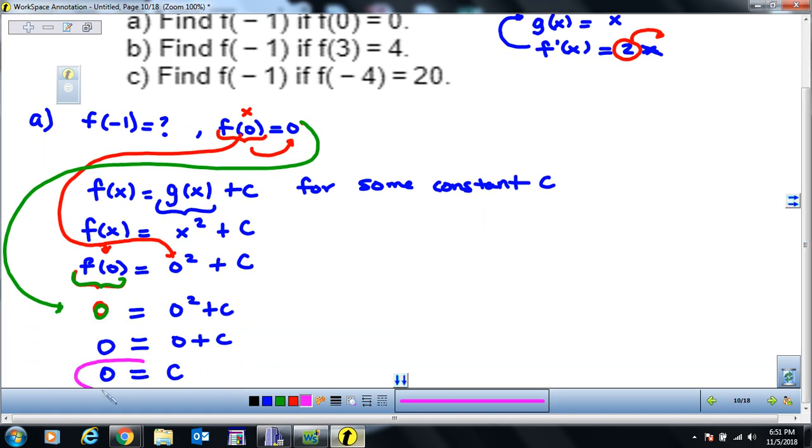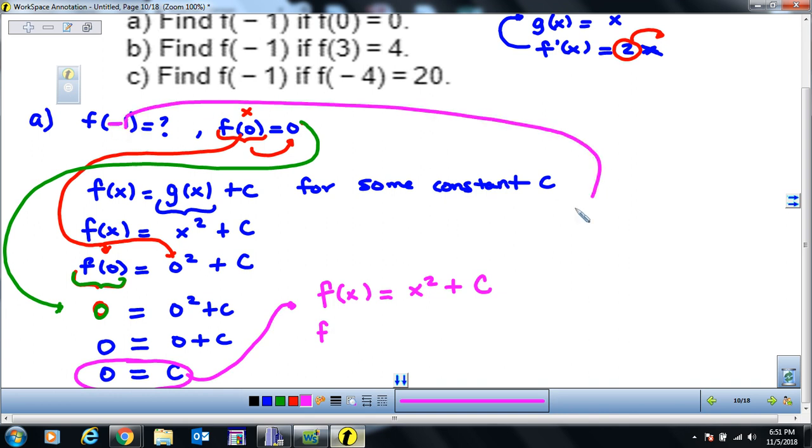So now that I know it, all I have to do is say f of x is equal to x squared plus c, and what I'm trying to find is f of negative 1. So you put negative 1 here and here as well. So f of negative 1 equals negative 1 squared plus c.